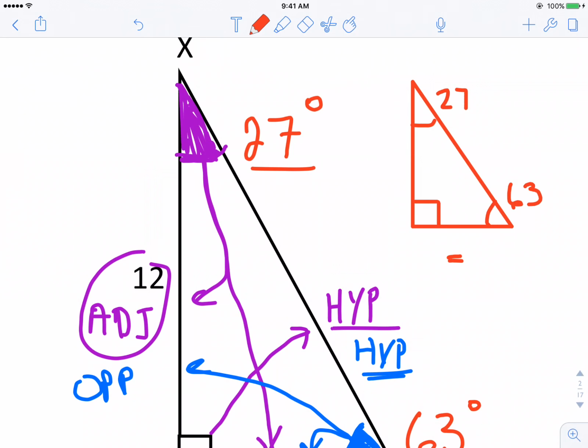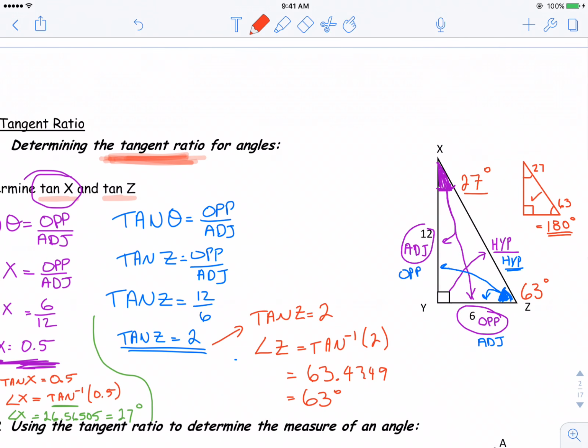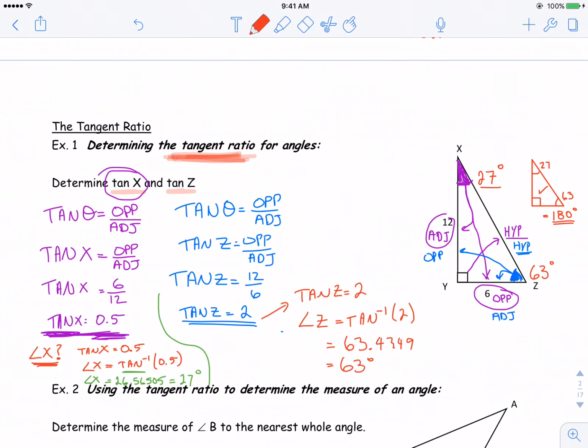What do all angles in a triangle have to add up to? 180 degrees. Does that add up to 180 degrees? Yes, it does. Now that was really fast on calculating the angle measurement. In the next example, because now you've seen it, I'll take it a little bit slower and show you those steps again.